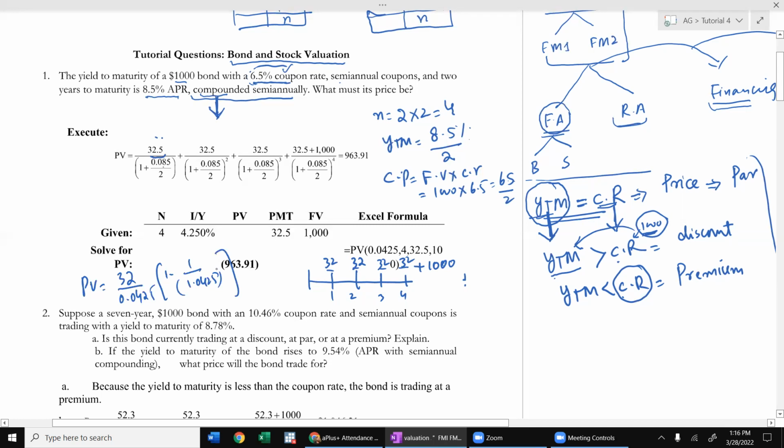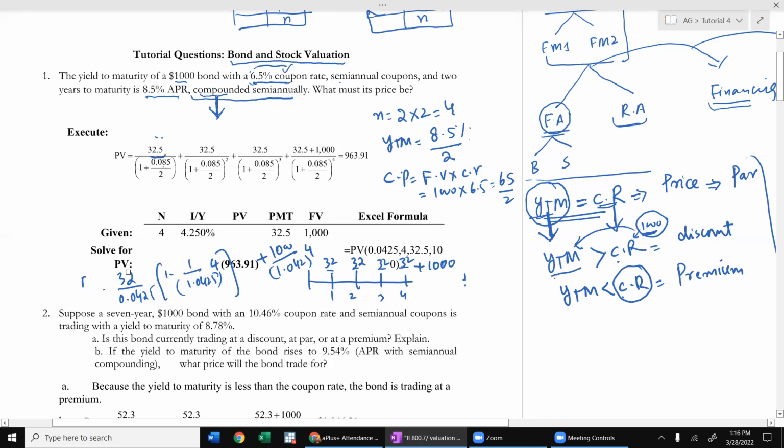Anyone? Is it 4, sir? Very good. 4, plus, because you will also be getting 1000 at the end of the period, so 1000 divided by 1.0425 to the power 4.